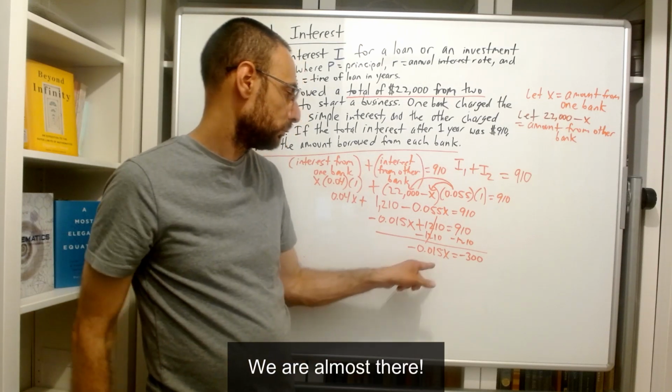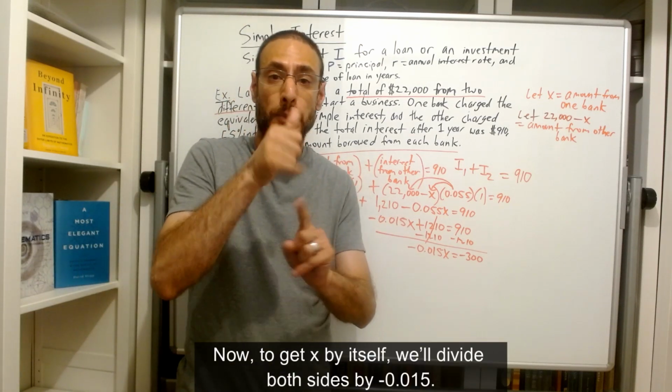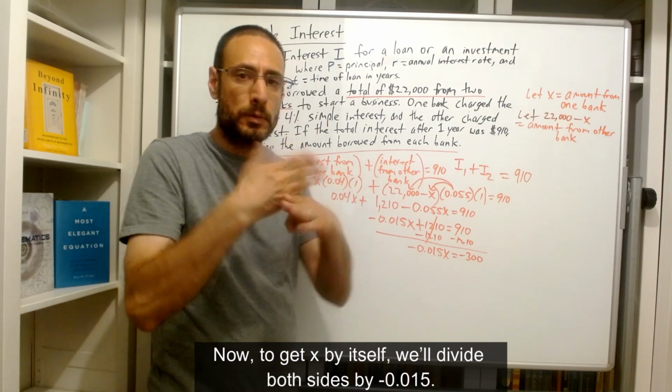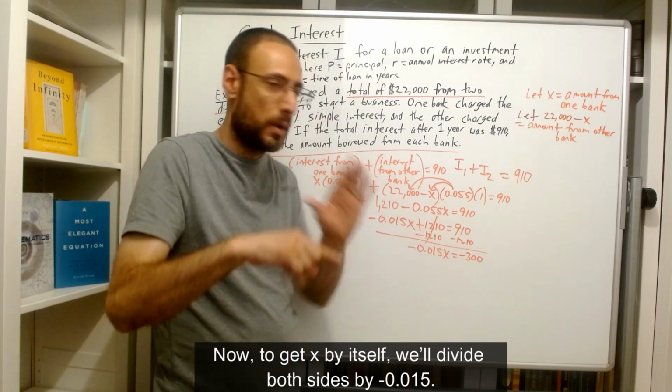We are almost there. Now, to get x by itself, we'll divide both sides by minus 0.015.